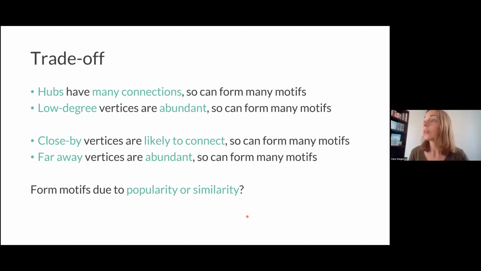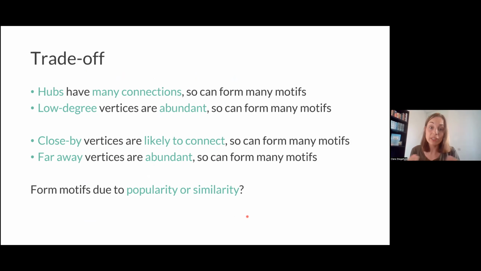So how does this work? Well, we already had before that we usually have a few vertices of high degree, which can form many subgraphs because they have such high degrees, but there's only a few of them. On the other hand, it can also be better to include lower degree vertices because there are so many of them, so they can create more combinations of vertices.